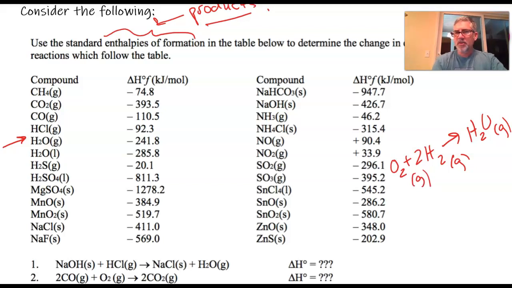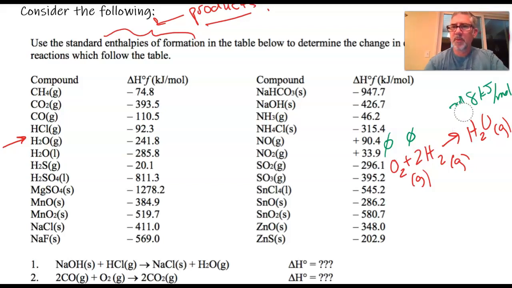Since oxygen and hydrogen are elements, their standard enthalpies of formation are 0. But the standard enthalpy of formation for water is negative 241.8 kilojoules per mole.